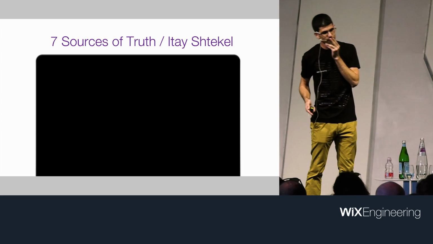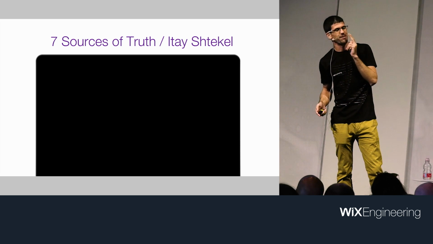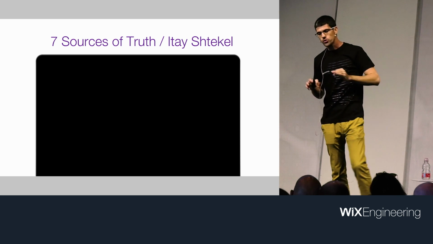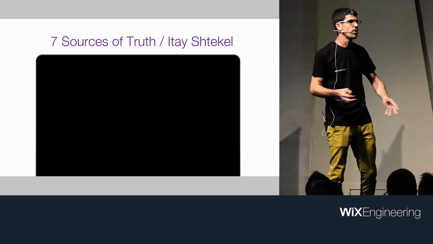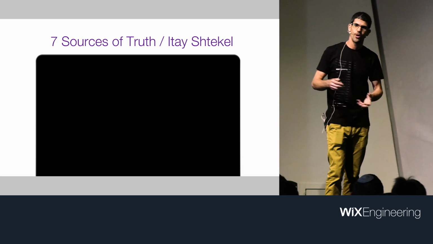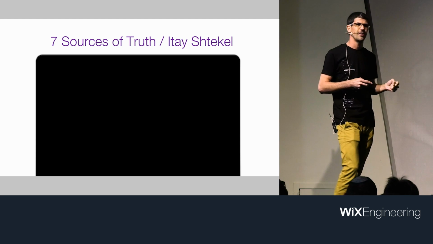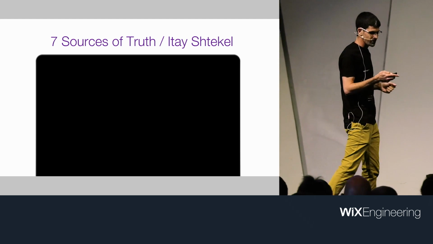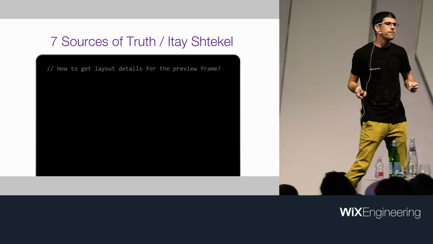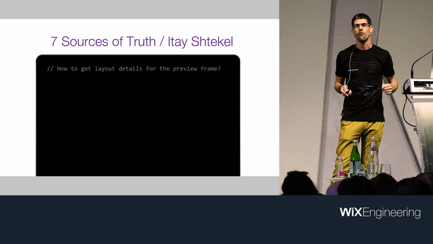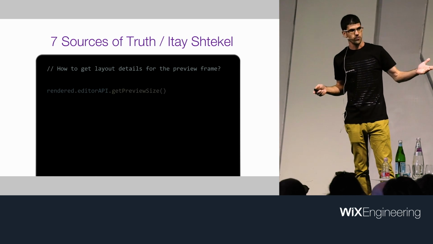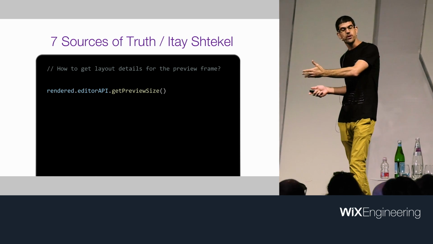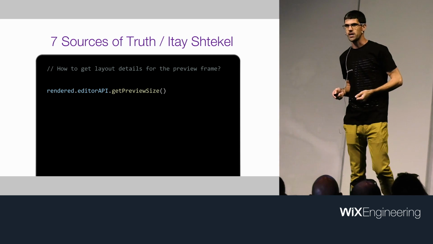Itai Stekel, I love this quote, he used to be in the editor infrastructure team. They were performing a refactoring, and at some point he decided to post one of their findings in the editor Slack channel. And it goes like this. How do you get the layout details for the preview frame? If you'd like, you can invoke rendered editor API, get preview size.